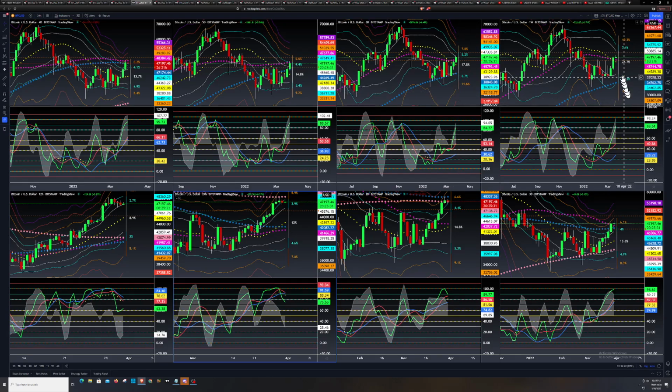The next weekly candle. So keep in mind, it's very possible this weekly candle is just a short candle. Then the next candle, when that blue LSMA gets above level 30, like we are right here currently, we're at the white upper in the 6-day.